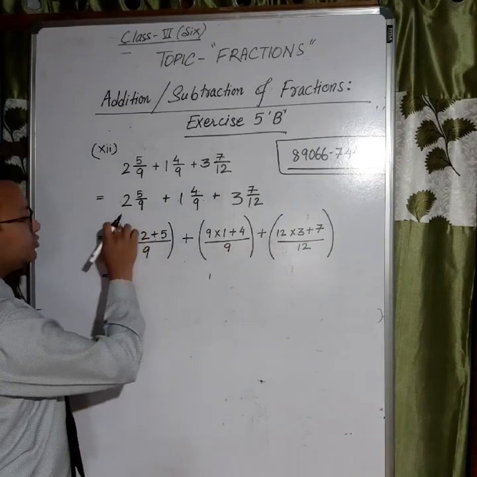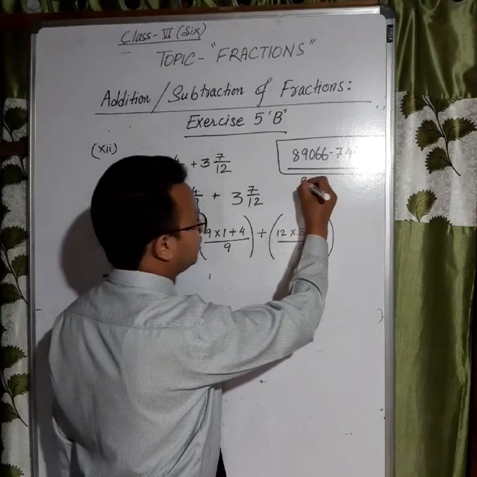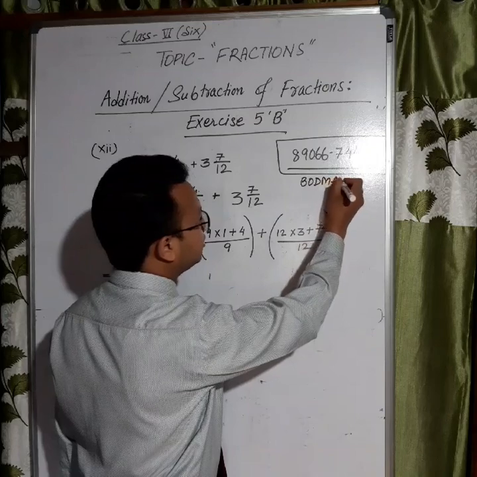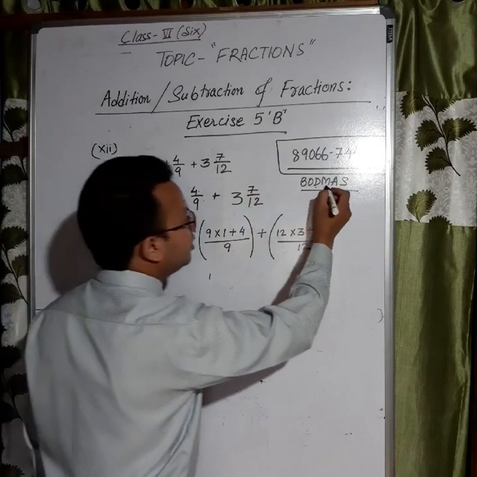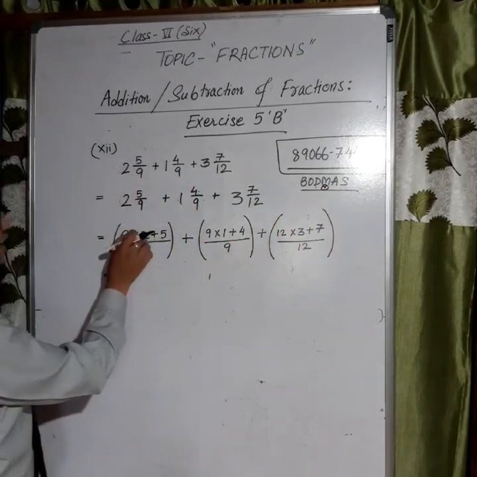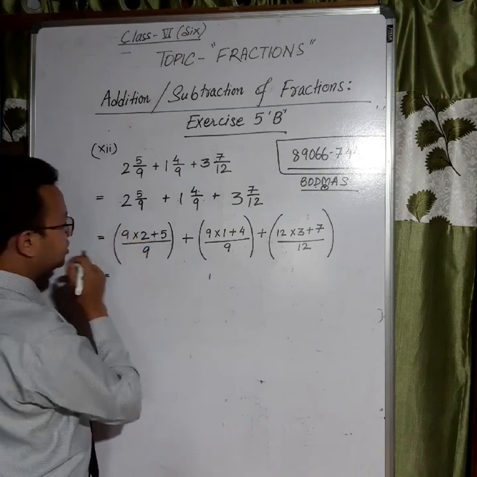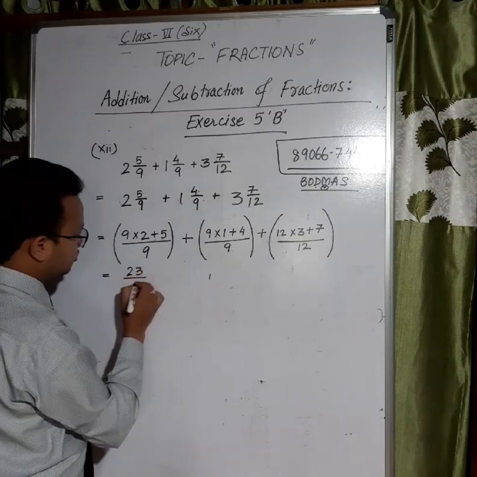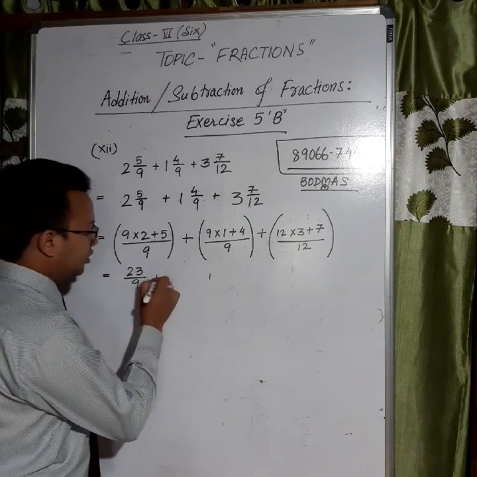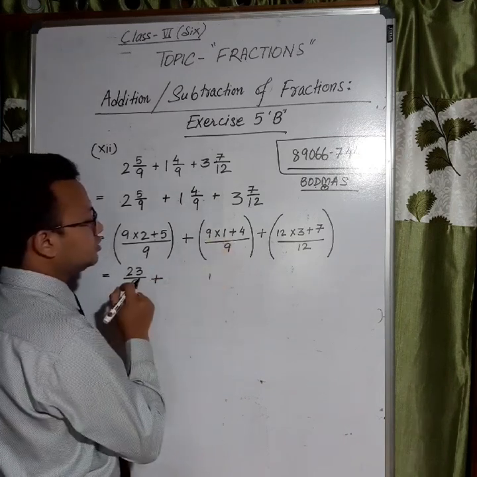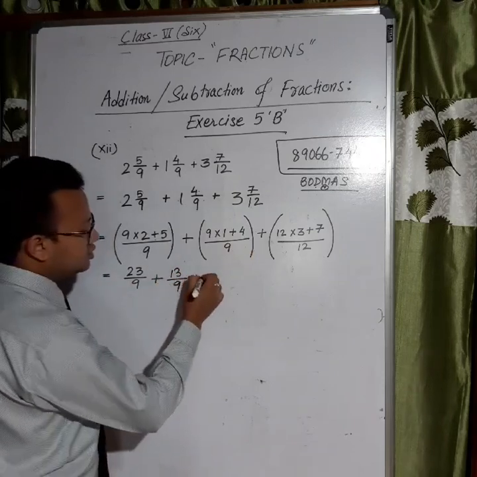So why I'm multiplying instead of adding is because we need to follow the BODMAS rule as well. You cannot just add and then multiply. Division comes first, but since there is no division, we'll do the multiplication part first. So 9 2s are 18, plus 5 is 23, so 23 by 9. Plus 9 1s are 9, plus 4 is 13 by 9.